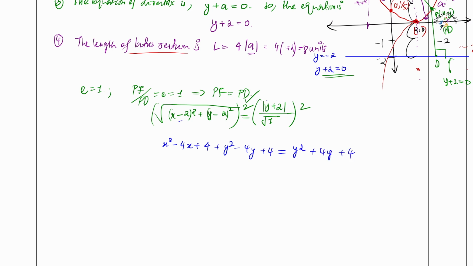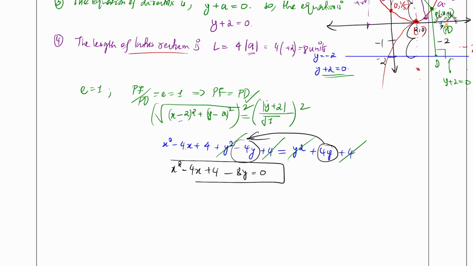If you see carefully, the y squared cancels and the 4 cancels. What is left is x squared minus 4x, and then 4y and 4y; when you bring this across, it becomes negative 4y, so the total is x squared minus 4x minus 8y equals 0.